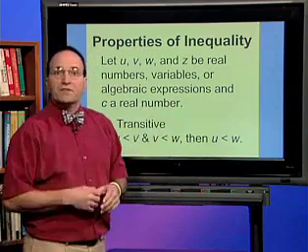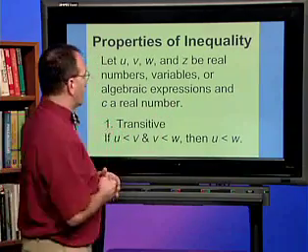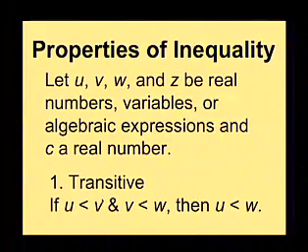Here are the properties that we'll use to solve inequalities. Let u, v, w, and z be real numbers, variables, or algebraic expressions, and c is a real number. We have the transitive property that tells us if u is less than v and v is less than w, that means u has to be less than w.